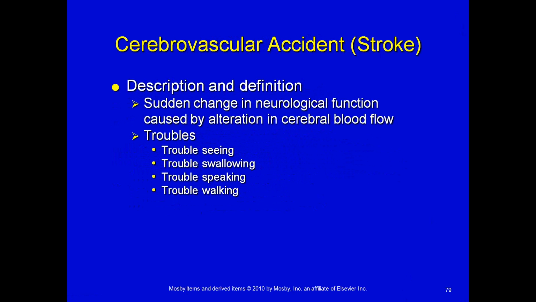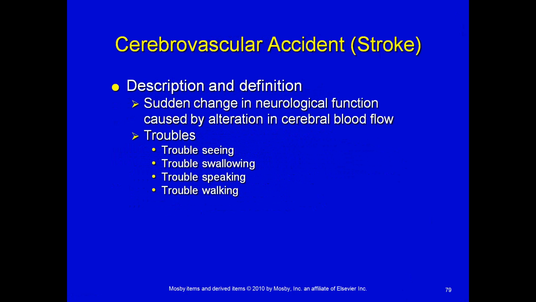Cerebrovascular accidents, or strokes, are a sudden change in the neurologic function caused by an alteration of cerebral blood flow. And that sudden change in neurologic function could be the result of either a thrombus, an embolus, or a hemorrhage or brain bleed. In any event, it's going to lead to troubles.